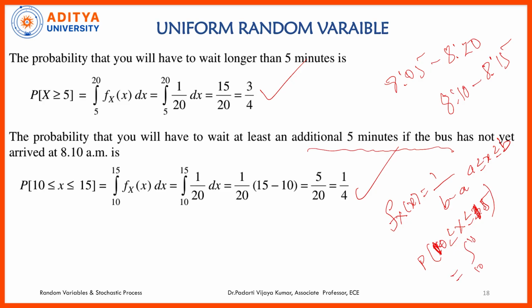So 10 to 15, 1 by 20 dx. So 1 by 20, 15 minus 10, 1 by 4. So based on the range, we need to see whether it comes under this range or not. If the given data comes under this density function defined range, we can calculate simply by doing the integration.